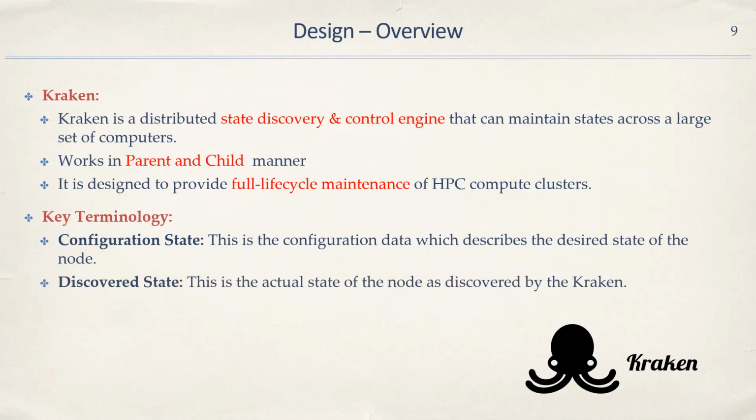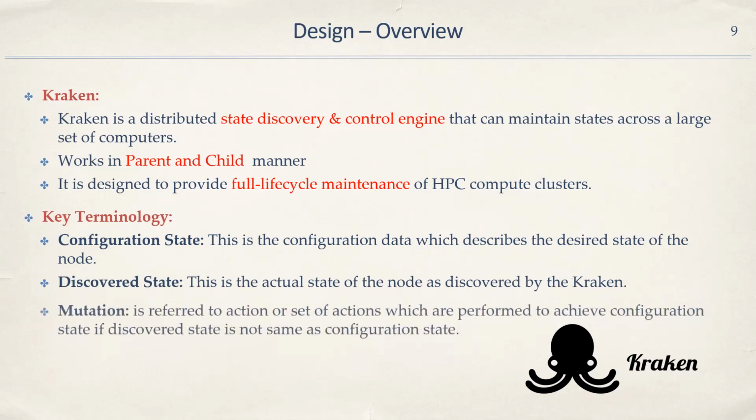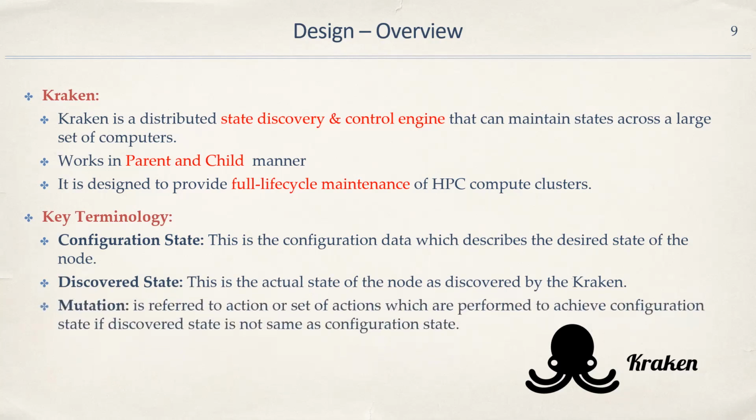Discovered state is the actual state, which we acquire by performing monitoring in the Kraken framework. A mutation refers to an action or set of actions performed to achieve the configuration state if the discovered state is not the same as the configuration state.